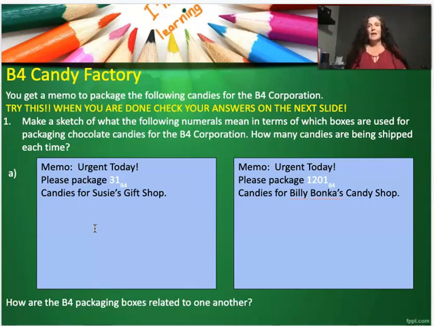Next, this time we're packaging 1201 B4 for Billy Bonka's candy shop. So draw a picture of what it would look like in the candy boxes from the slide before, and then write down how many candies that is. So pause the video, try it, because you're going to have to do this when you do your B2 discussion board.